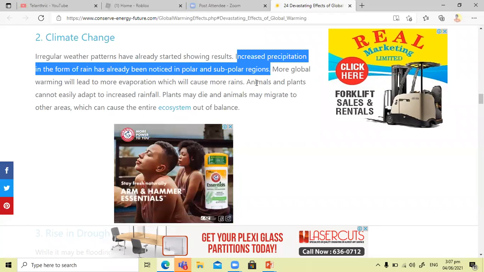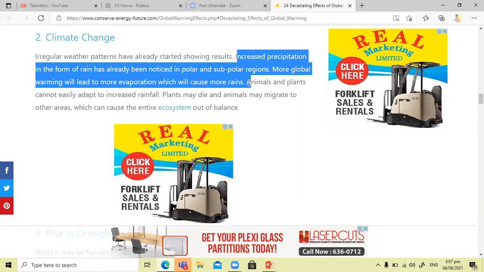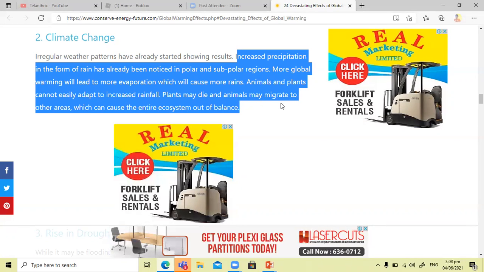More global warming will lead to more evaporation, which will cause more rains. Animals and plants cannot easily adapt to increased rainfall. Plants may die, and animals may migrate to other areas, which can cause the entire ecosystem to go out of balance.